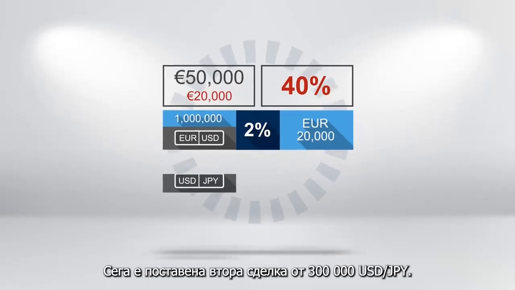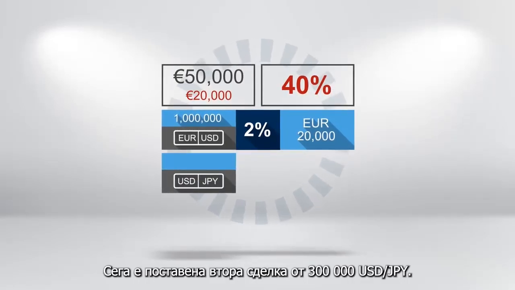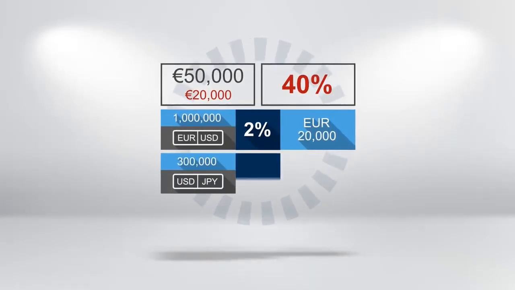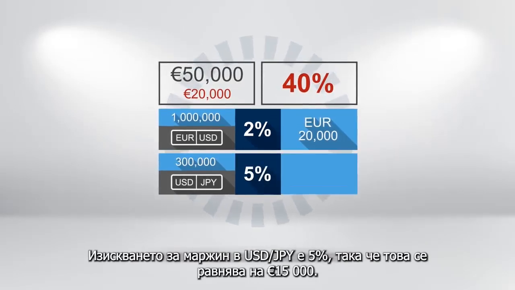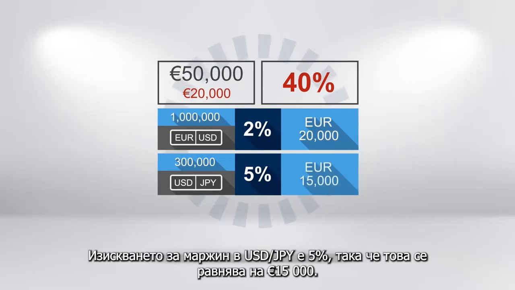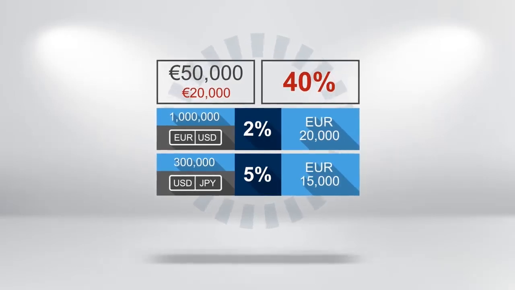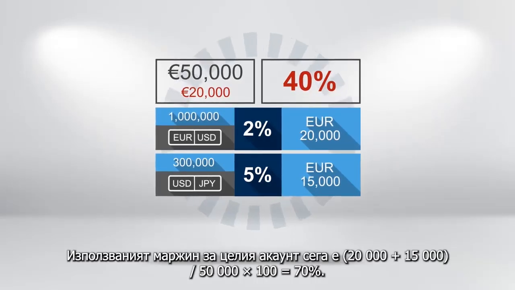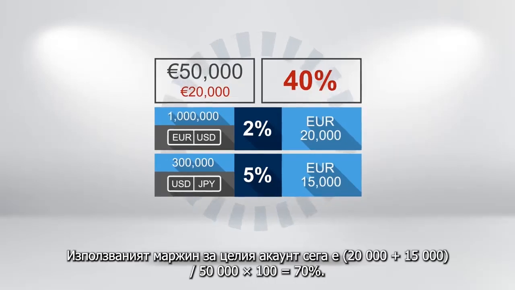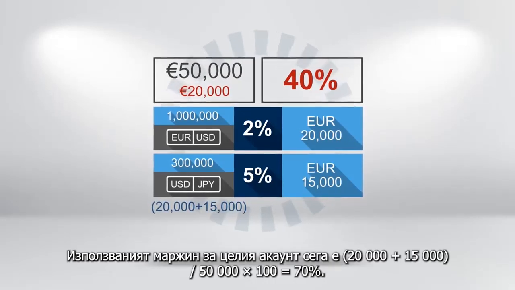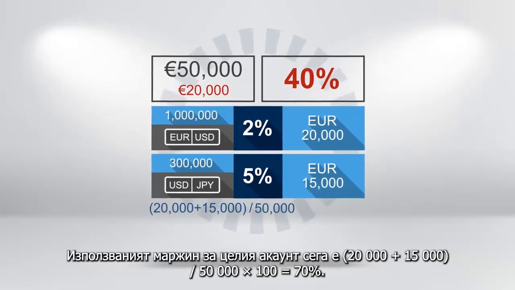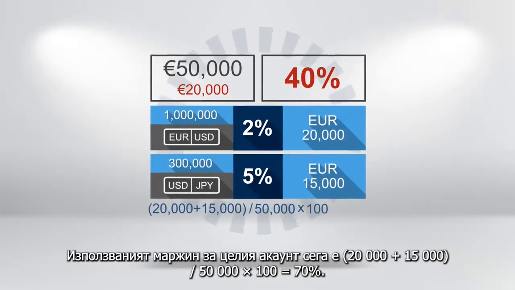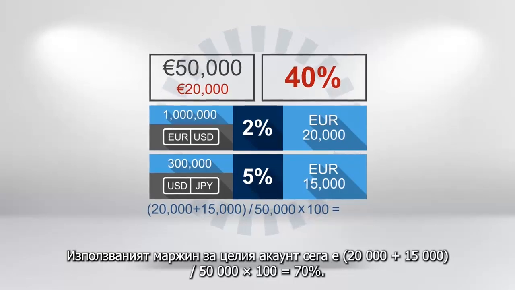Now a second trade of ¥300,000 is placed. The dollar-yen margin requirement is 5%, so this equals €15,000. The used margin for the entire account is now 20,000 plus 15,000 divided by 50,000 times 100, which equals 70%.